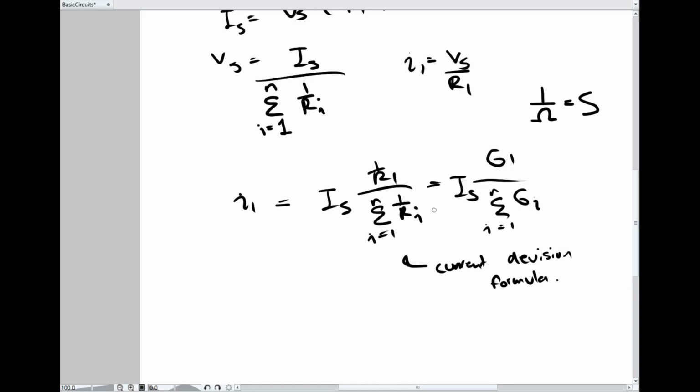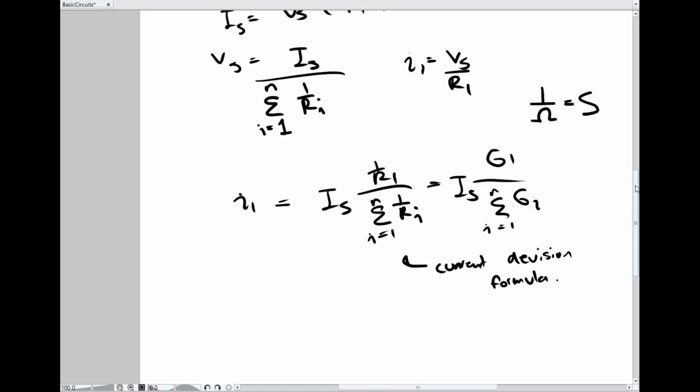You often will see, because we like to write these formulas in terms of resistances, and people for some reason have this irrational aversion to complex fractions, we want to get rid of these fractions, right? So we would multiply the top and bottom by the product of all of the R's.